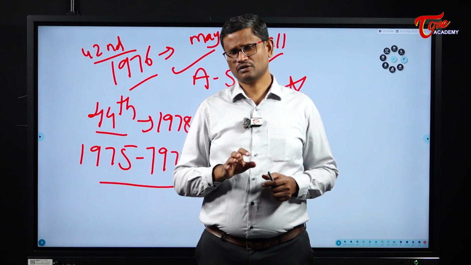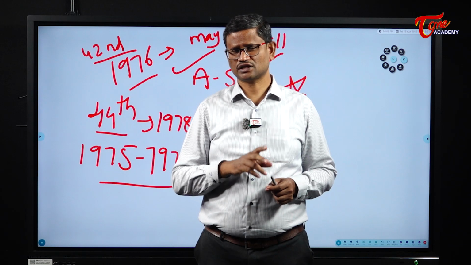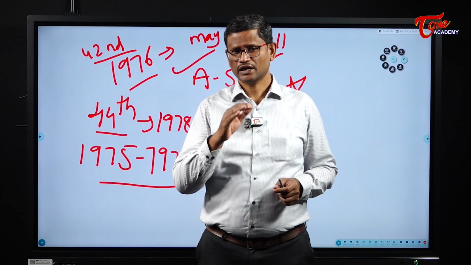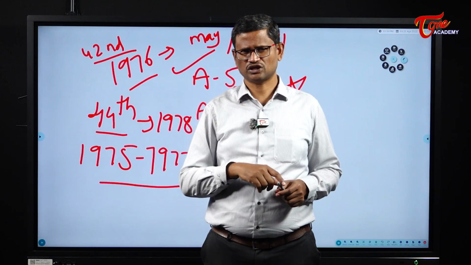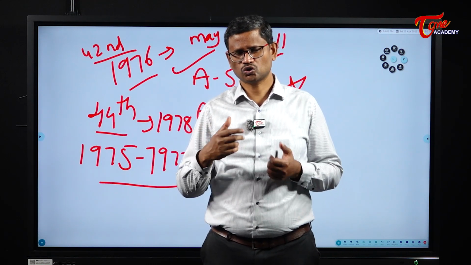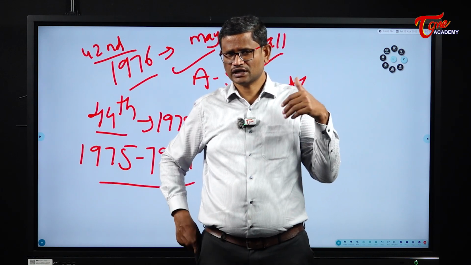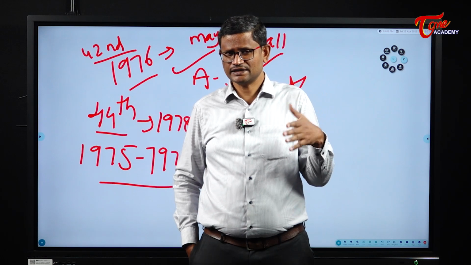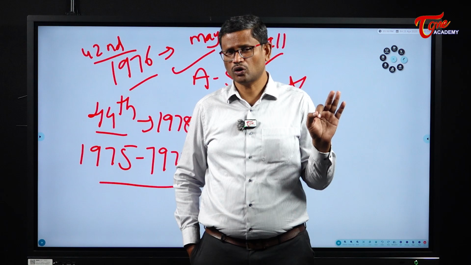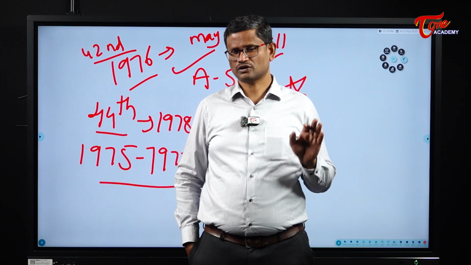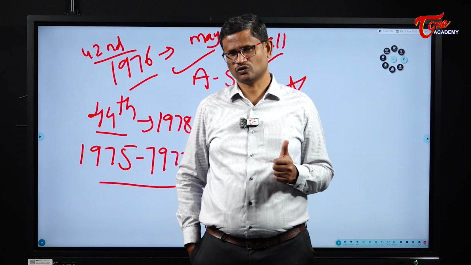It says the advice given by the Council of Ministers headed by the Prime Minister to the President can be rejected by the President. The President can ask the Council of Ministers to reconsider that advice. Once the advice is reconsidered, and if it is sent back to the President for the second time, then this time the President is bound by that advice. That was the change brought in by the 44th Amendment by the Janata Party government.